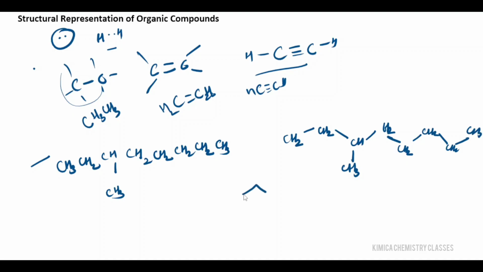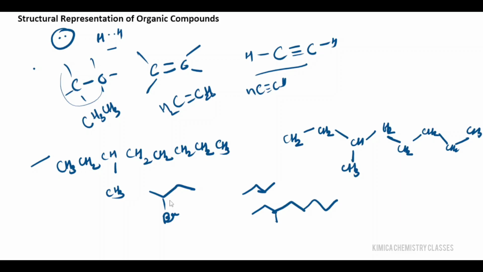We can write like this also. The terminals represent a methyl group. So there are also various ways of representing 2-bromobutane like this, and we can also show 2-bromobutane by this, like Br will come here. This is 2-bromobutane.